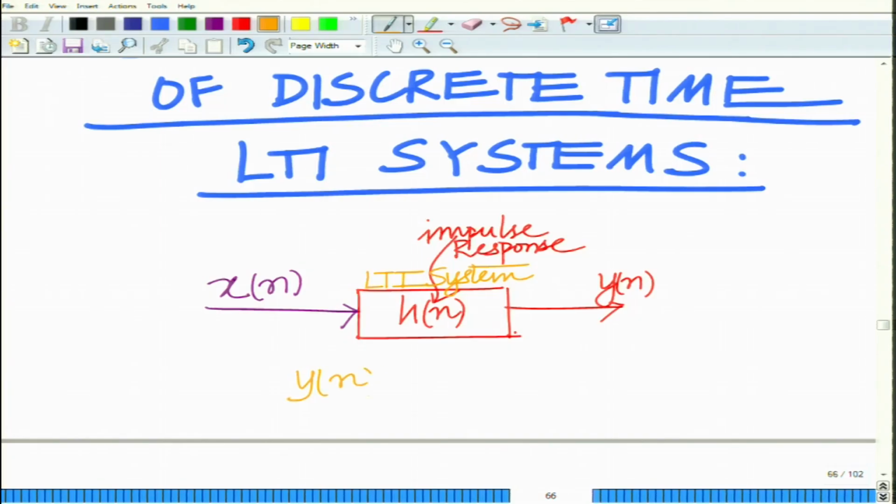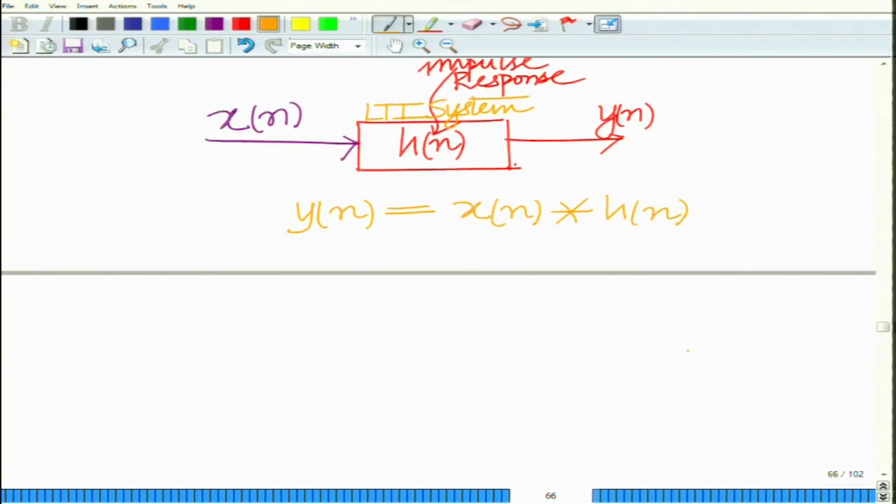Then we know that the output y[n] is given as the convolution of the input with the impulse response. So, what we will have is that y[n] equals x[n] convolved with h[n], and from the previous properties of the Z-transform we know that convolution in time is basically multiplication in the transform domain.